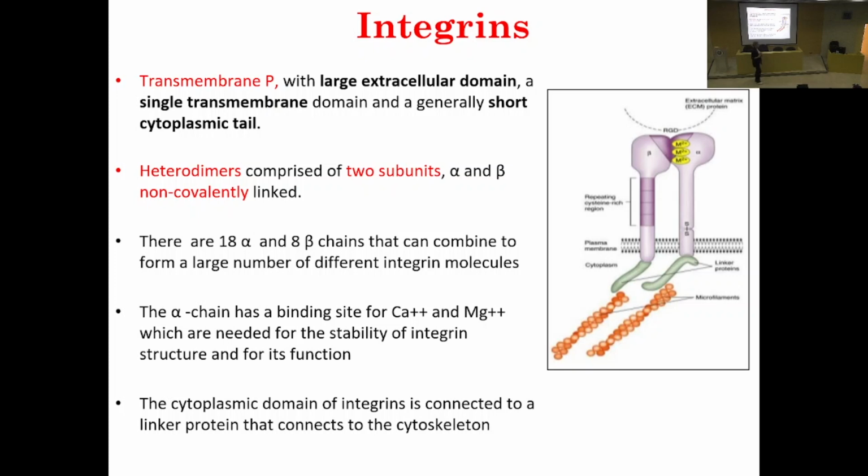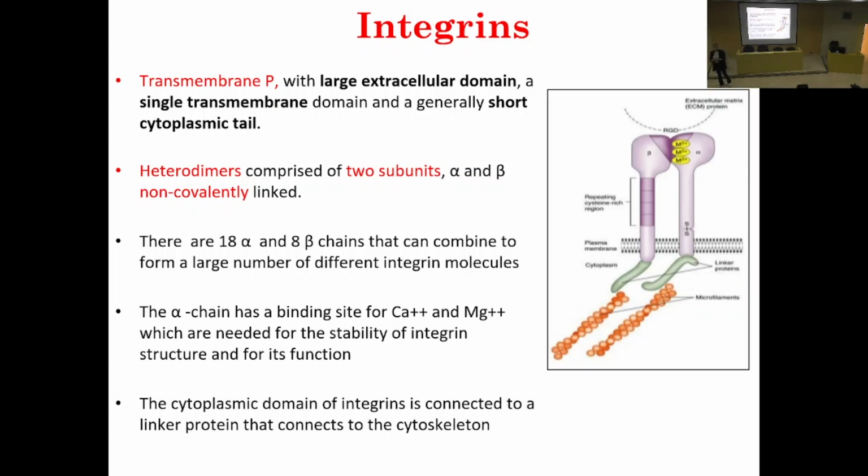Now, since I have alpha and beta, the scientists found that we have 18 types of alpha and 8 types of beta chain. So I have alpha 1, alpha 2, alpha 3, up to alpha 18, and then I have beta 1, beta 2, beta 3 till beta 8.